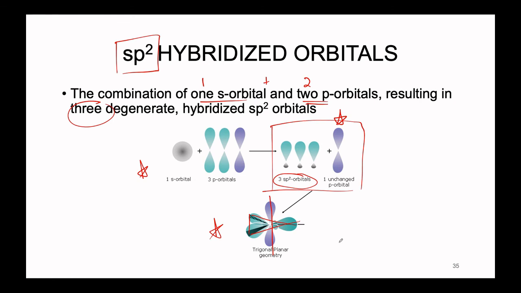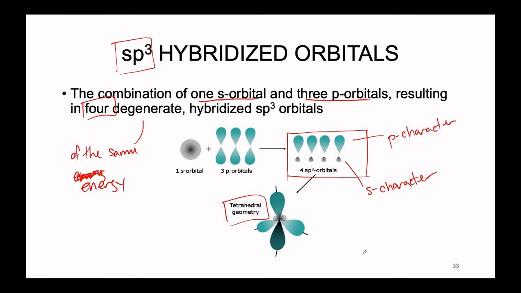We have the sp2 hybridized case, which describes the trigonal planar geometry and can be predicted by a central steric number equal to 3. And last but not least, we have the sp3 hybridized orbitals, which give us a tetrahedral geometry and can be predicted by seeing a steric number of 4 around our central atom.